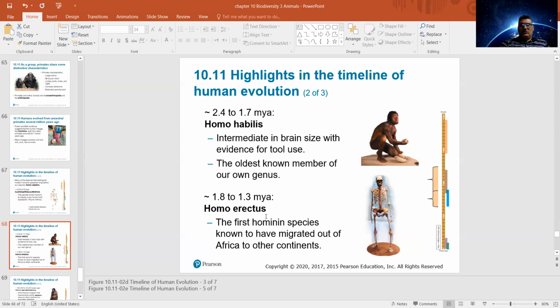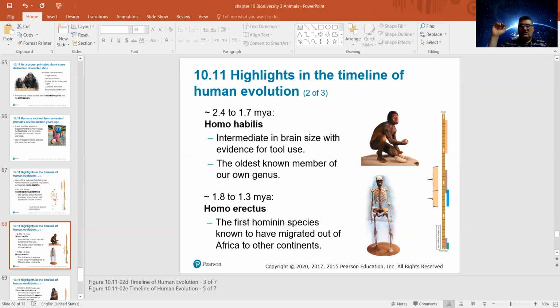This was followed by Homo erectus, and Homo erectus is the first one to migrate out of Africa. Obviously, according to biologists, ancient ancestors of humans used to live in Africa. And the first one that came out of Africa is Homo erectus.